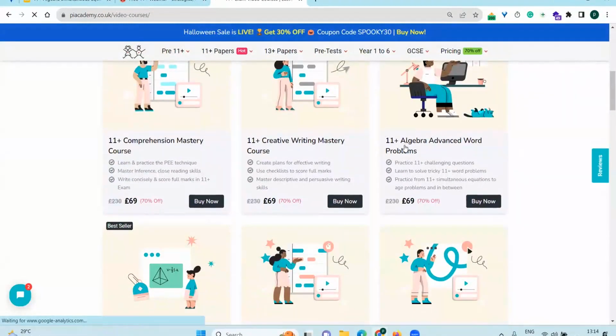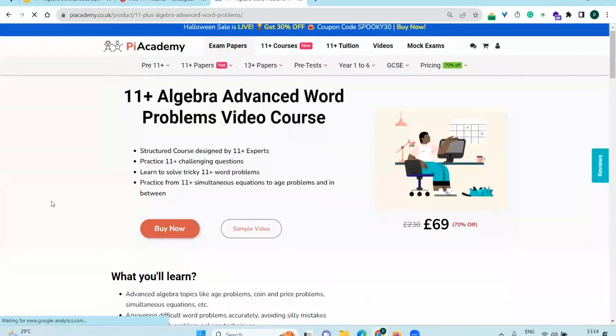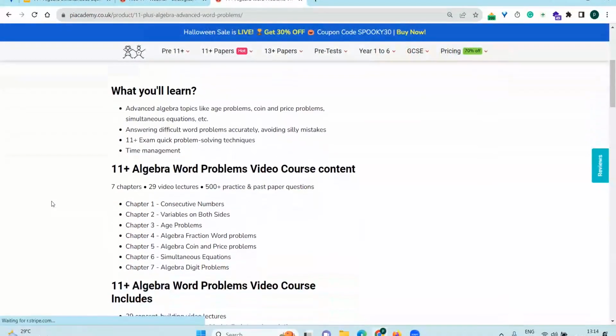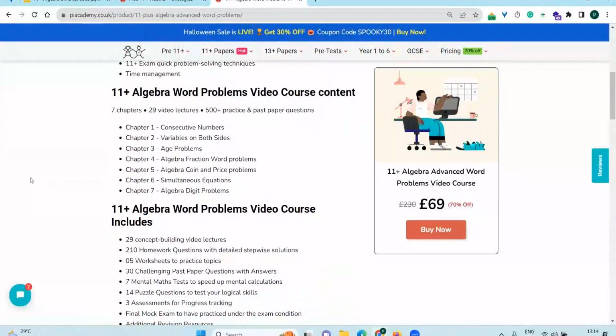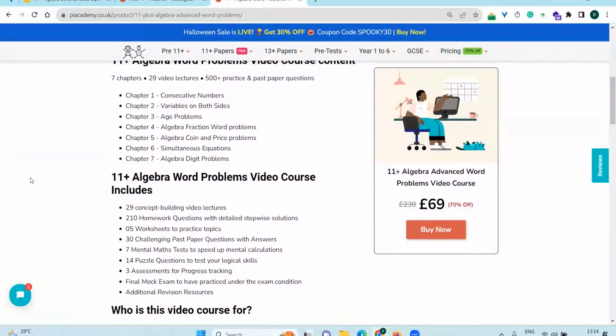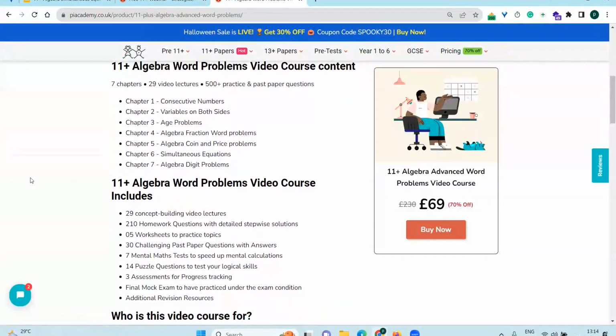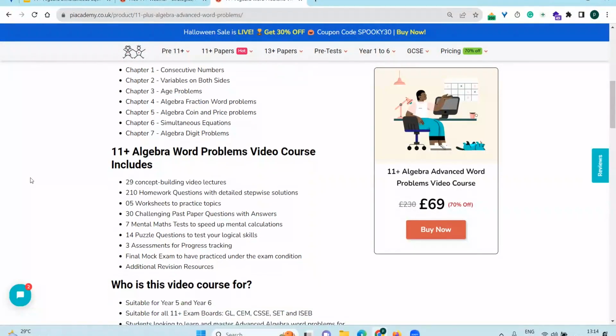So if I just walk you through, say, the 11 plus Algebra, Advanced Word Problems course, you would be able to see that it has been structured really well. It has the chapters detailed out very clearly. The topics that Sneharsh walked us through today, which are coin and age related problems, even those have been covered in very deep detail.